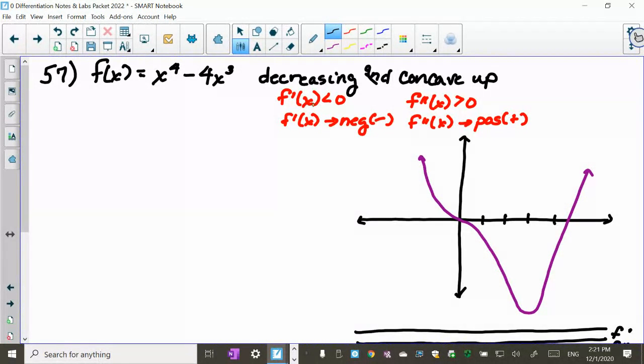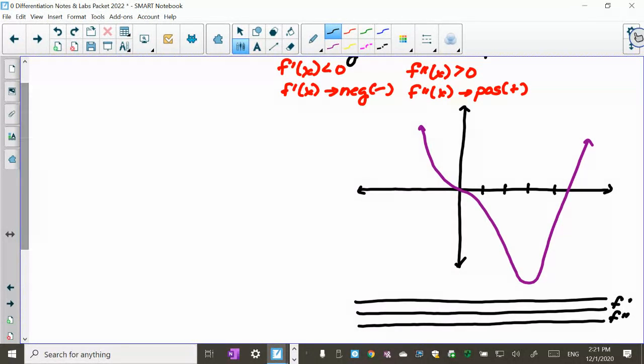Well, that's when my first derivative is less than 0, so my f prime of x has got to be negative. And concave up is my second derivative, and because it's up, it's got to be greater than 0, or positive. We actually graphed this in class, and I'm going to show you the graph in a minute, but I wanted to show you how I set this up. I really haven't done any math yet except set everything up. That is a sketch of this graph.